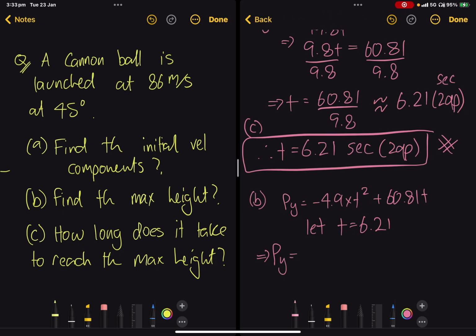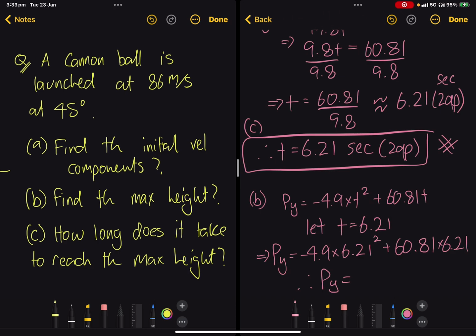We have to let time equal 6.21 and we need to evaluate. So the position in y at 6.21 seconds will be minus 4.9 times 6.21 squared plus 60.81 times 6.21.